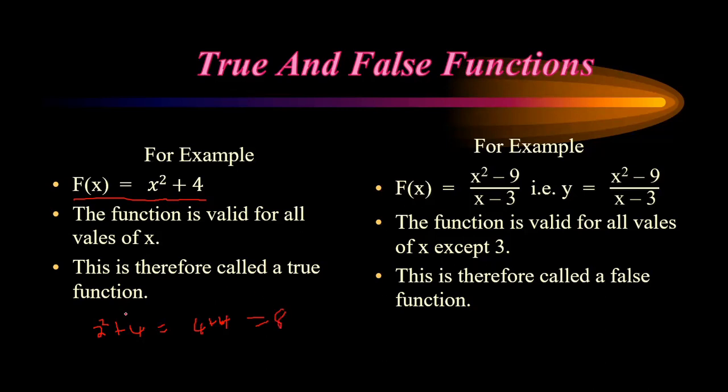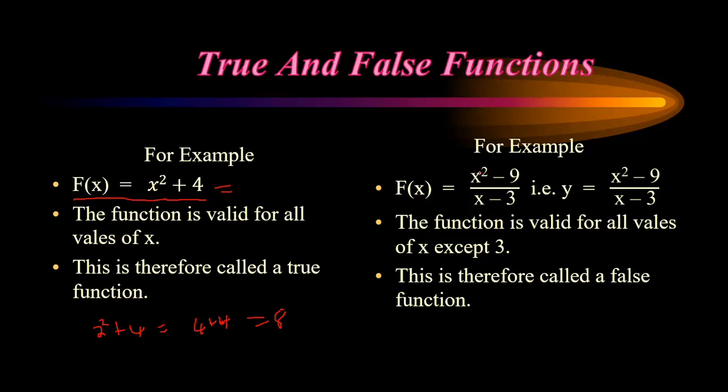Are we understanding? Any value we input for x will always give us a corresponding value. And since it is valid for real numbers, from the negative infinity to the positive infinity, including 0, we can say this function x squared plus 4 is a valid function, is a true function.